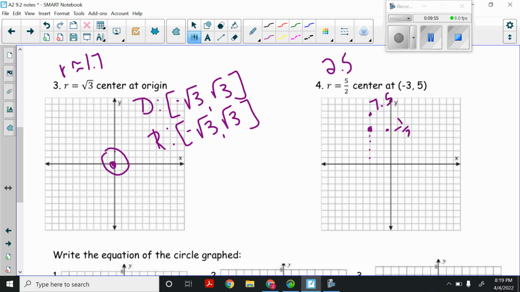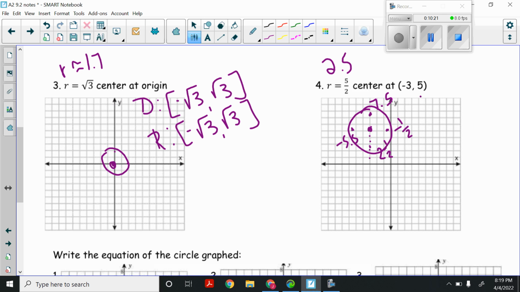So that is the point negative 1/2. Down 2.5. So that is the point 2.5. And then left 2.5. So that is the point, let's see, at negative 5.5.